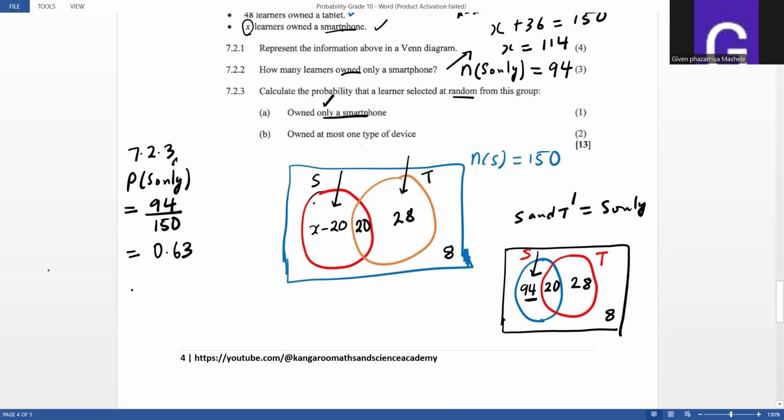Number B says, calculate the probability that a learner selected at random will own at most one type of device. Let me write this: at most one type.